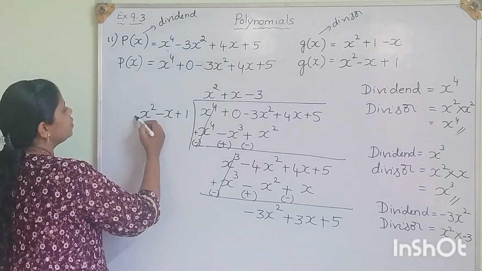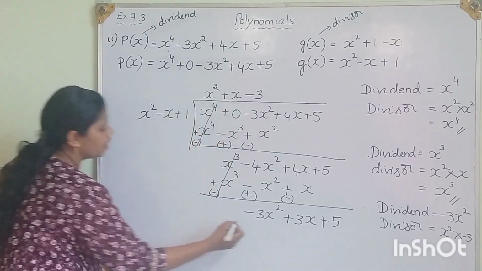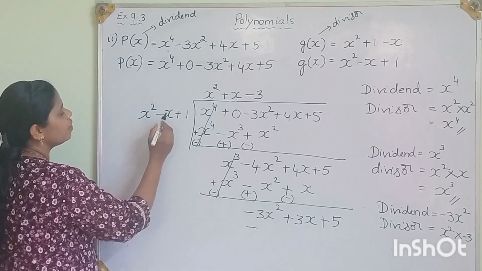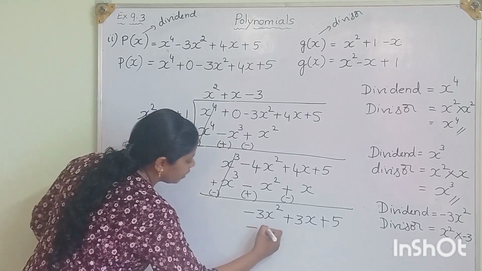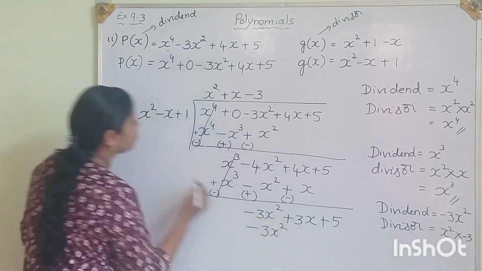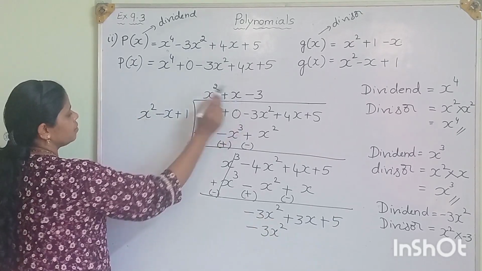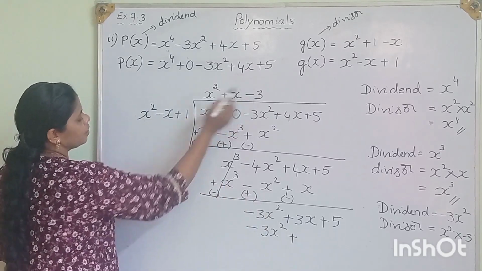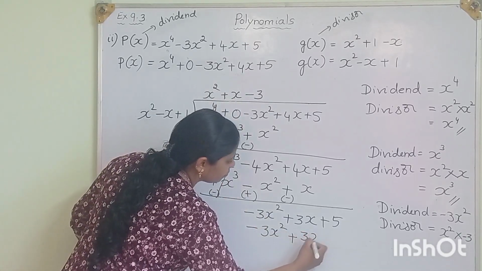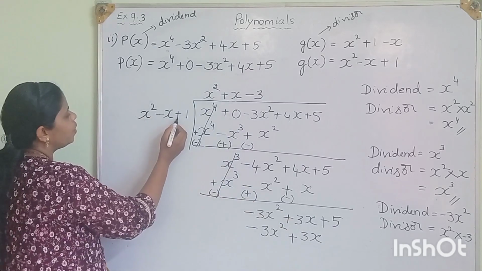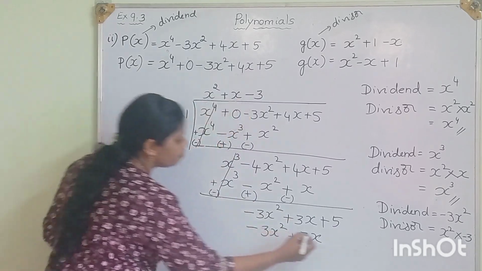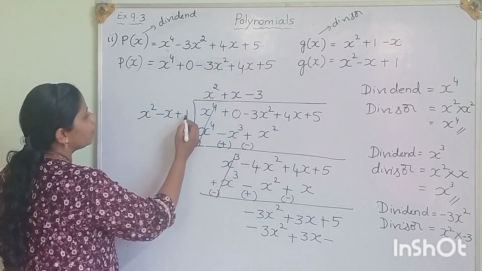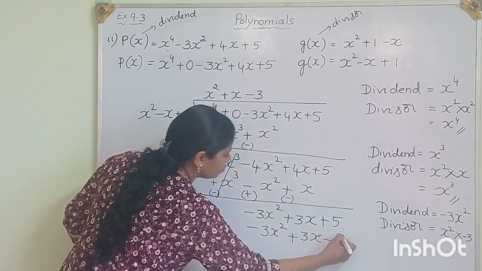Say, plus into minus is what? Minus. x square into 3 is 3x square. Minus into minus is what? Plus. x into 3 is 3x. Then plus into minus is what? Minus. 1 into 3 is 3.